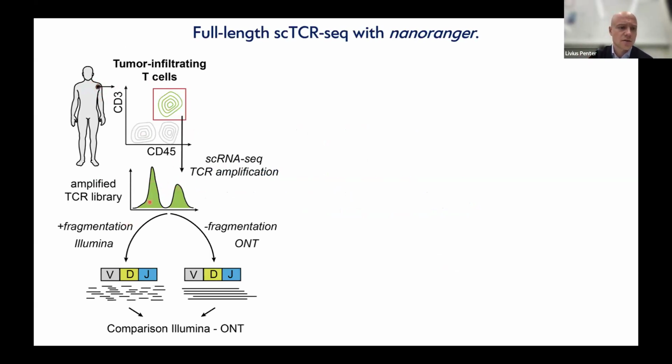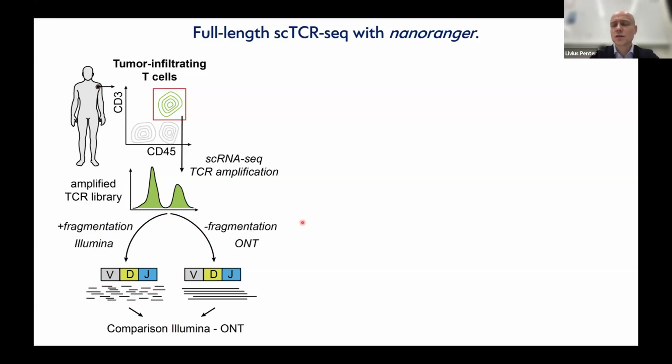We did the standard Illumina sequencing, where you get fragmented parts of the TCR, and then you have to assemble that bioinformatically, and this is how you get T-cell receptor information. And then we took a portion of that DNA and we sequenced it with Oxford Nanopore sequencing and analyzed it with our workflow and compared the data between Illumina and Oxford Nanopore sequencing.